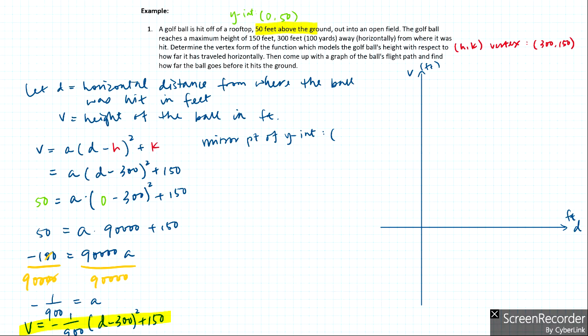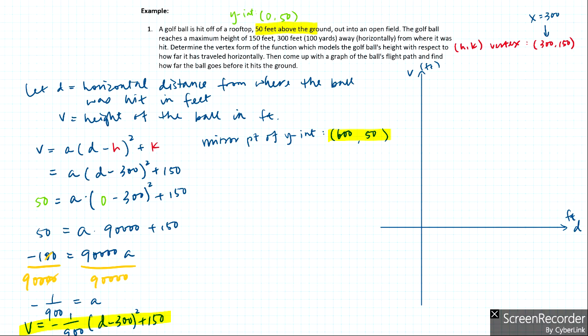And we know the mirror image of the y-intercept would have the same height as the y-intercept, meaning the height would still be 50. And in terms of the horizontal distance, it should be on the other side of the axis of symmetry. And from our vertex, we know that our axis of symmetry is x equals 300. So to find the mirror image, we're just going to double that 300 to find this is going to be 600, 50.